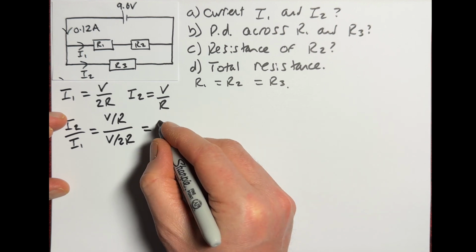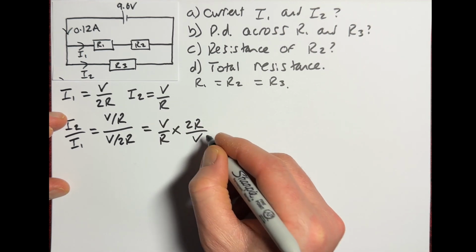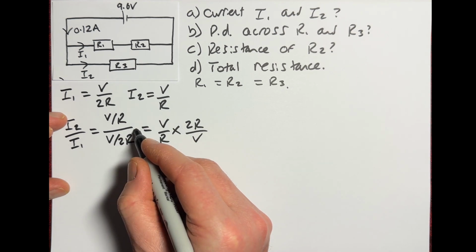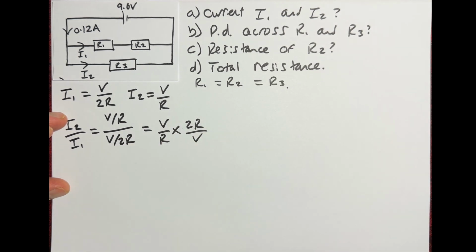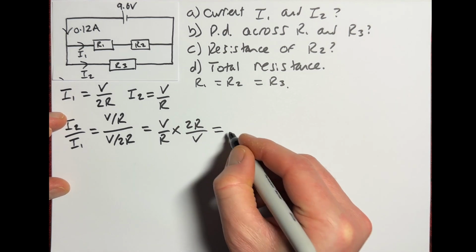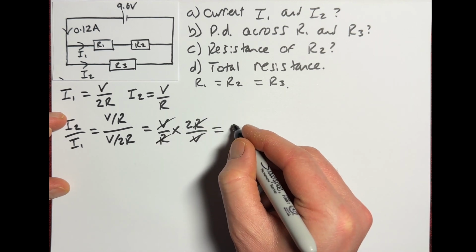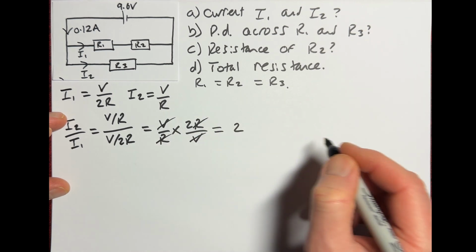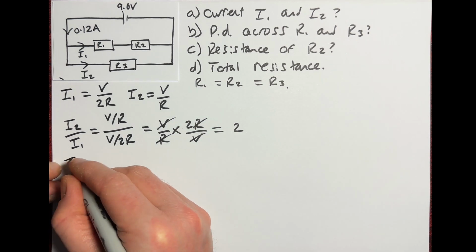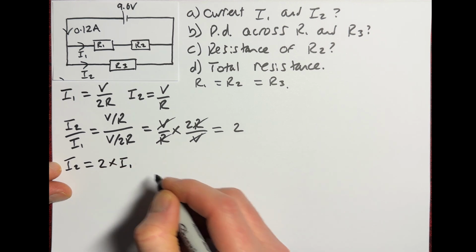And then that is equal to V over R multiplied by 2R over V, because whenever we divide one fraction by another, we just flip the denominator fraction and multiply the two fractions together. So simplifying that, they're going to cancel out. So we know that I2 over I1 is equal to 2. So that's essentially telling us that I2 is equal to 2 times I1.